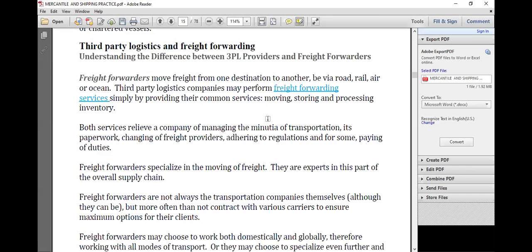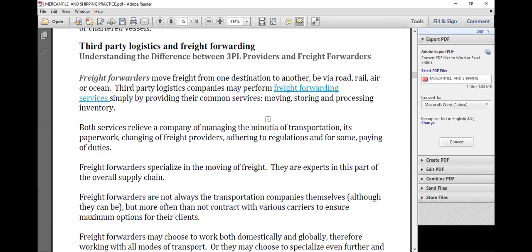So both services relieve a company of managing minutiae, that is a smaller portion of transportation. It's paperwork, changing of freight providers, adhering to the regulations for some, paying of duties, etc. So freight forwarders specialize in the moving of freight.